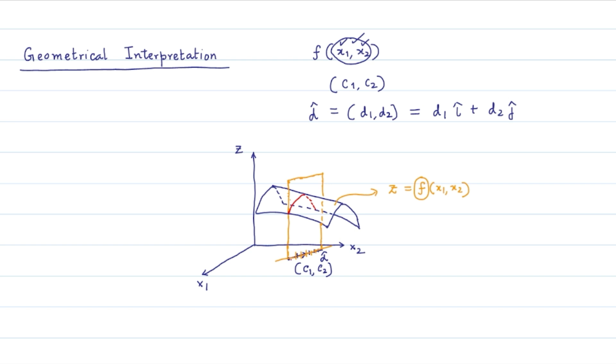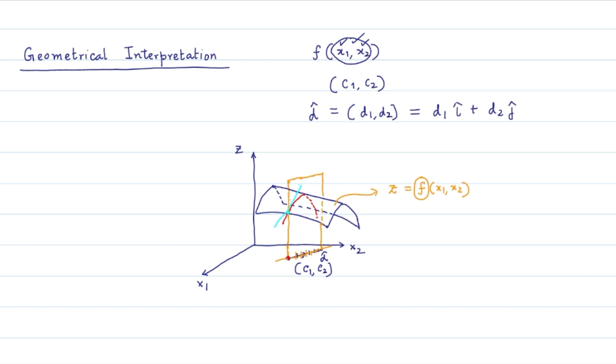Now the directional derivative at the point (c1, c2) of the function f along this direction d hat is the instantaneous rate of change of the function values at the point (c1, c2), which identifies the slope of the tangent to this red curve at this point, that is at the point (c1, c2).